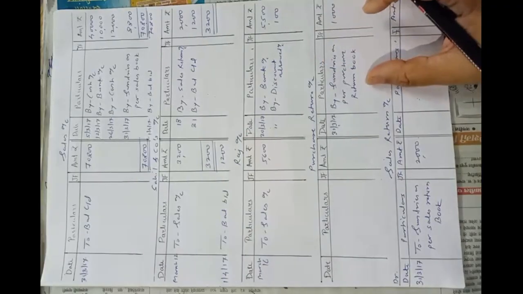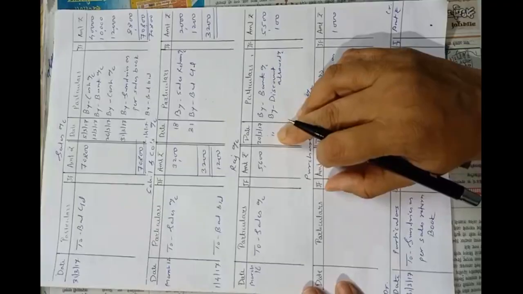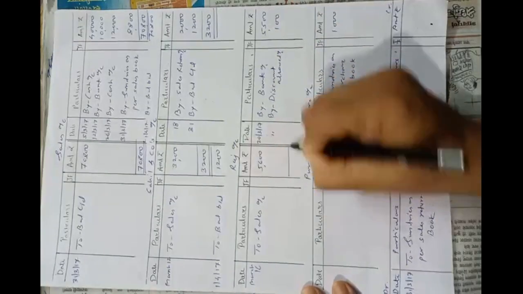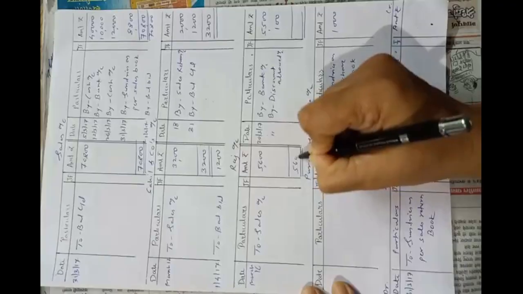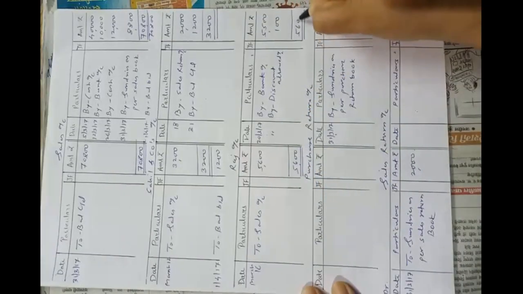Okay, now Raj account 5600 and this total is 5600. So account tally 5600, 5600. Now purchase return account.